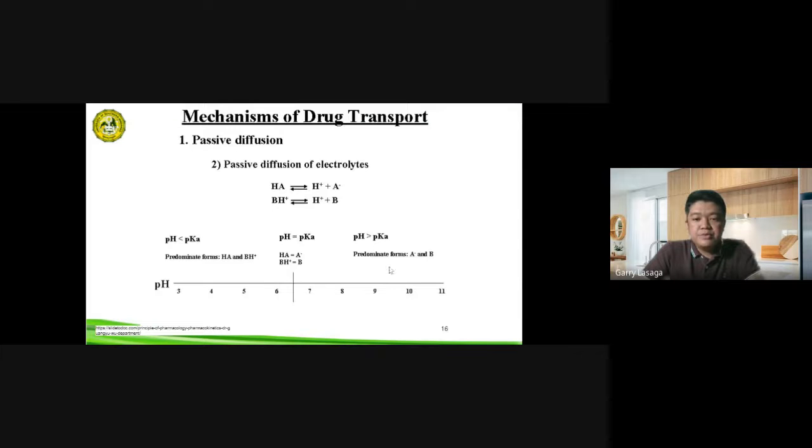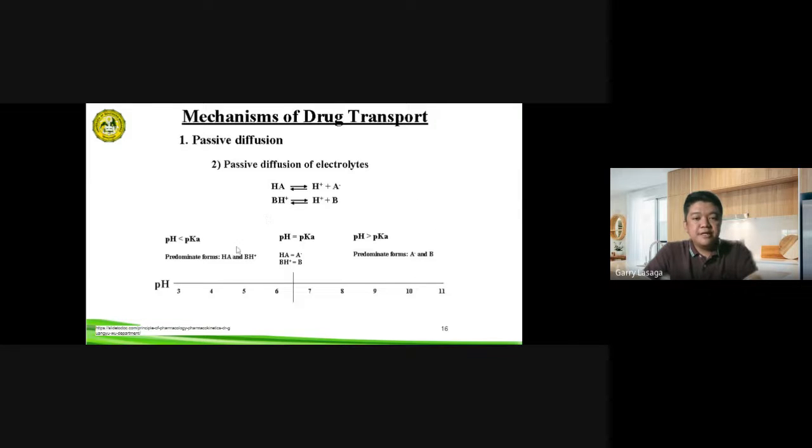When we are going to place an acidic drug to a basic environment, the proportion of the ionized form of the drug will be predominating so that the drug will be trapped in this alkaline or basic environment.